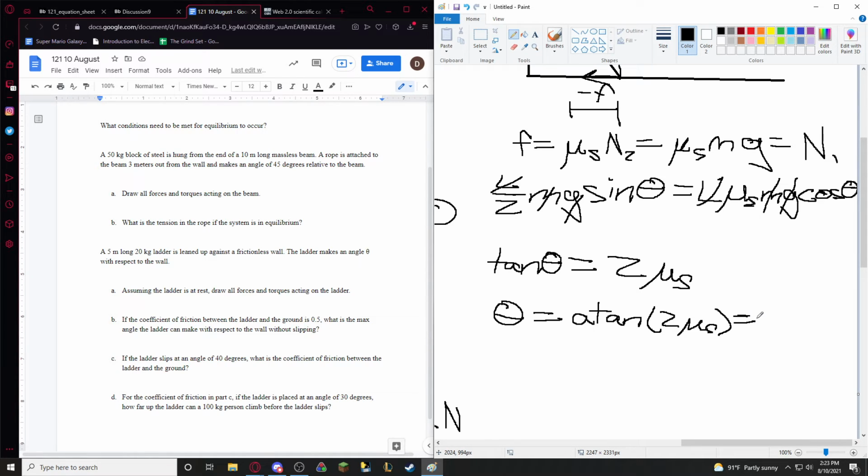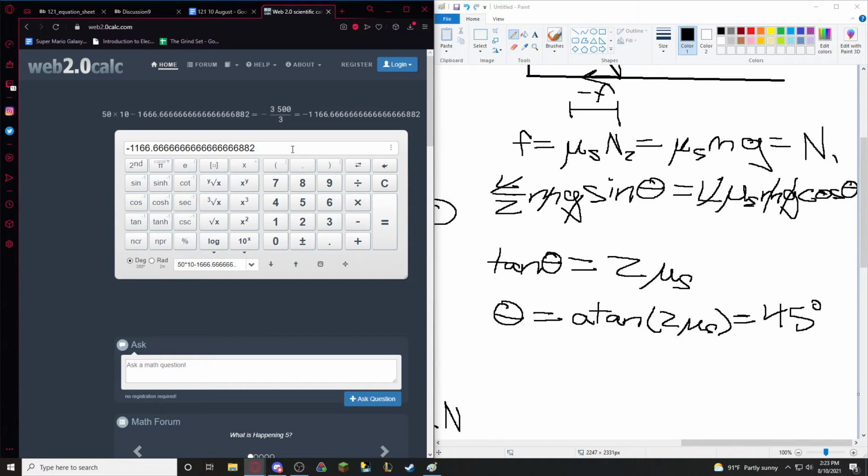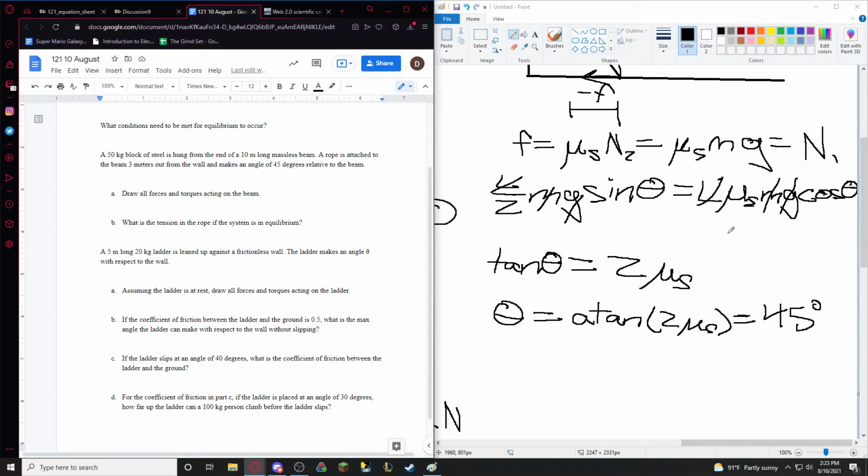What would that make theta be? 45 degrees. 45 degrees? Yep, 45 degrees. And we can double check. The tan of 45 of 1 gives us an angle of 45 degrees.